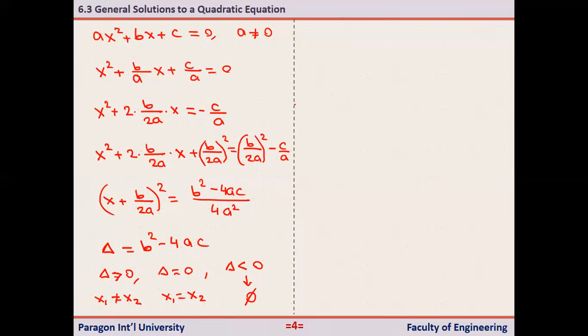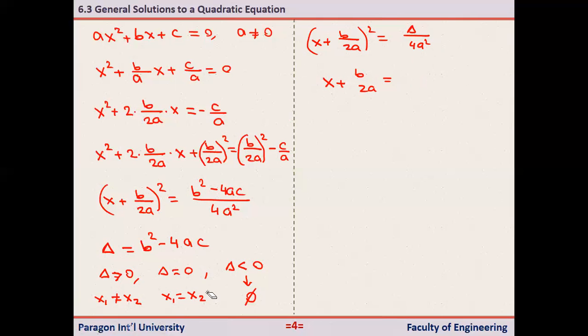So now I have this expression here, x plus b over 2a squared is equal to delta over 4a squared, right? What number squared equals this? So here we have x plus b over 2a is equal to, I assume that here delta is positive, at least not negative.